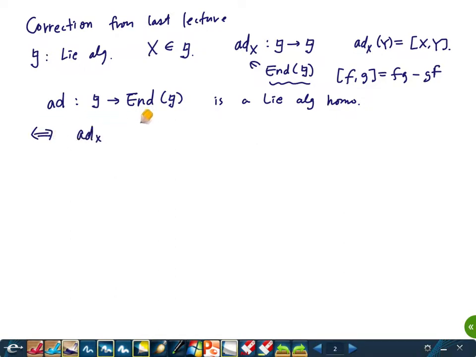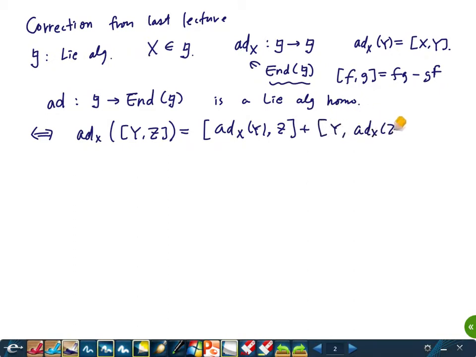Ad X, because ad X, okay, I'm just writing the thing that I wrote last time. And this is just Jacobi identity, and this is ad X is a derivation.